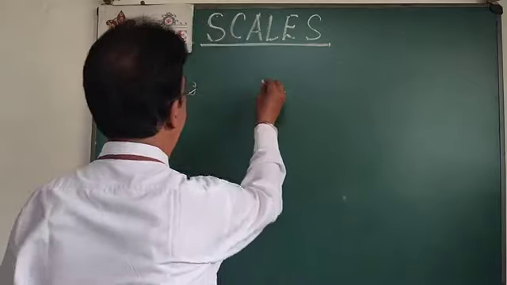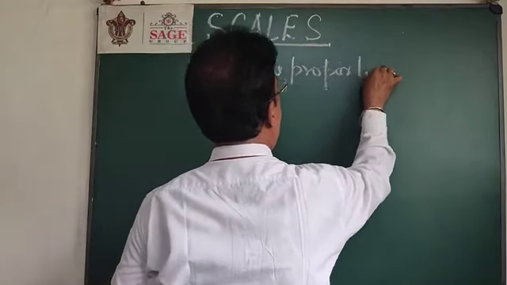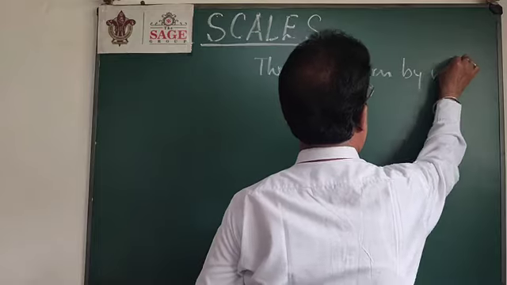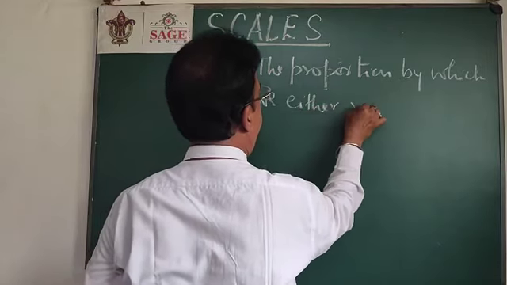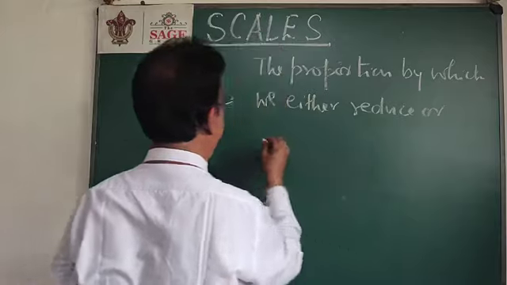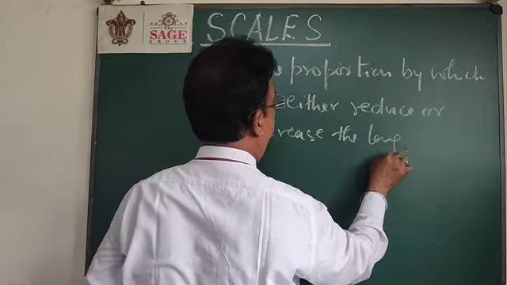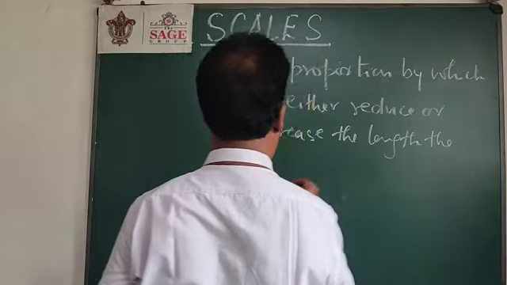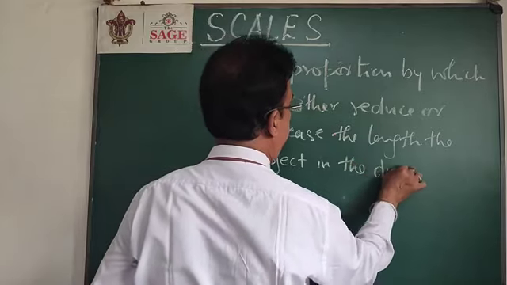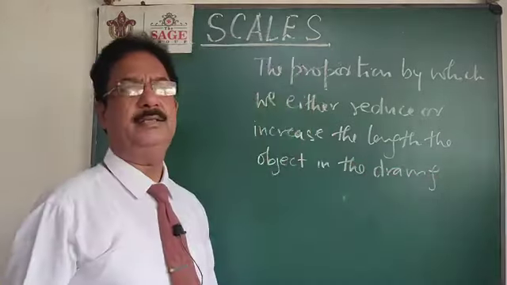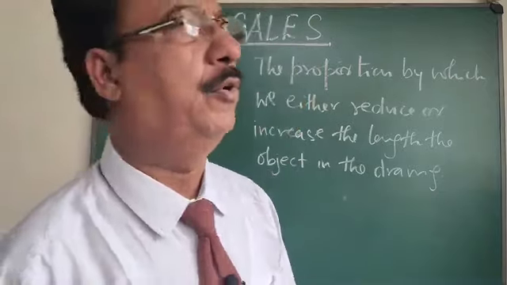So if I want to define a scale: scale is the proportion by which we either reduce or increase the length of the object in the drawing. That is the simplest definition.